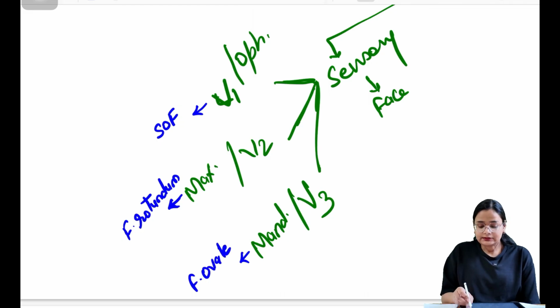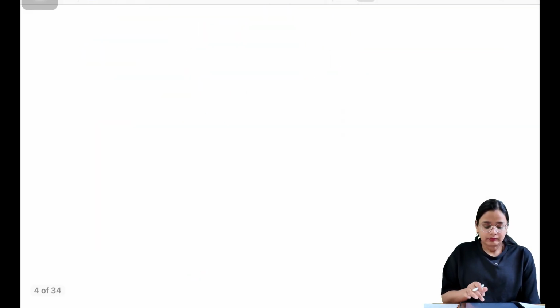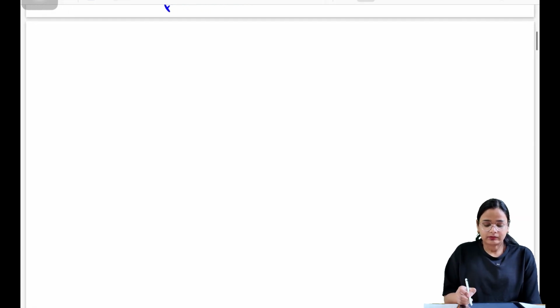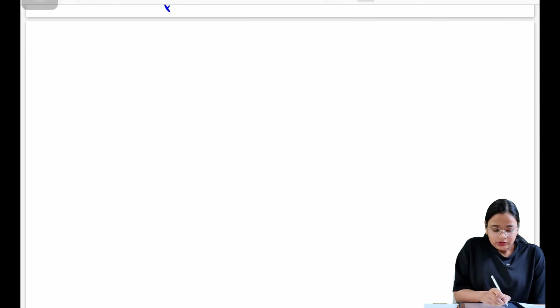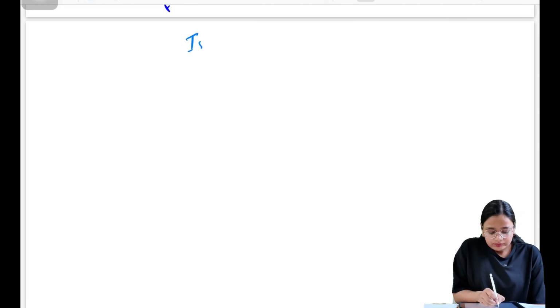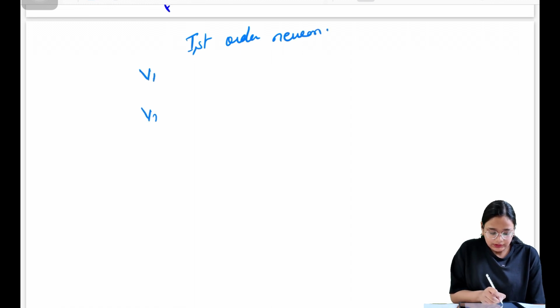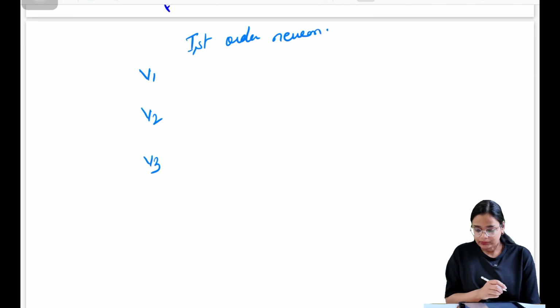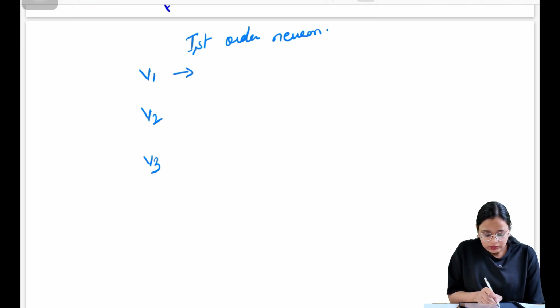Okay. Next, for every nerve we need to remember their first order neuron, second order neuron and so on. So for the first order neurons of V1, V2 and V3 we need to remember the cell bodies.